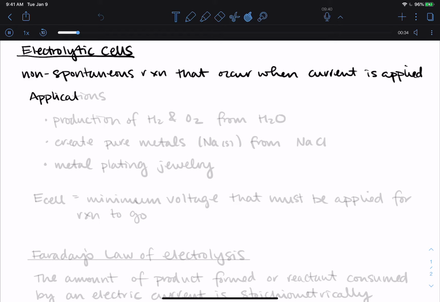for electrolytic cells. So one is that this is used in the production of H2 and O2 from H2O.